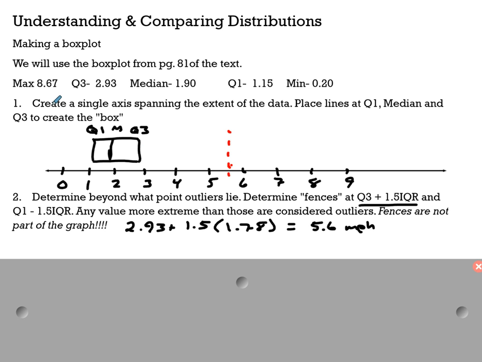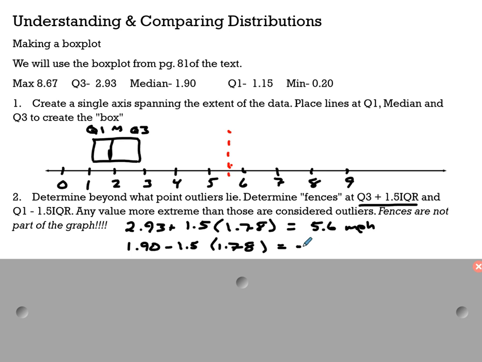Then we're going to repeat the process, even though we don't really need to, do we? Because our quartile 1 is 1.9 minus 1.5 times 1.78, and that's going to be a negative value.